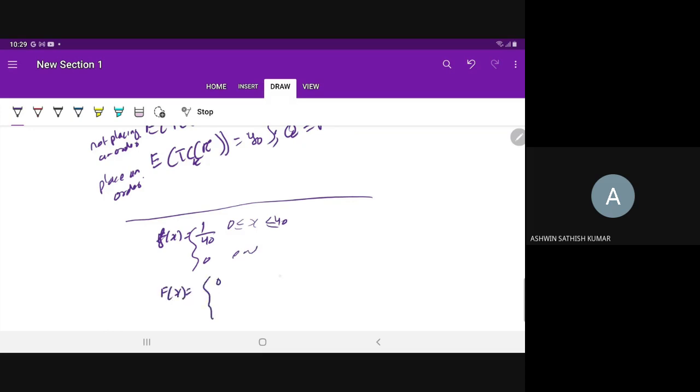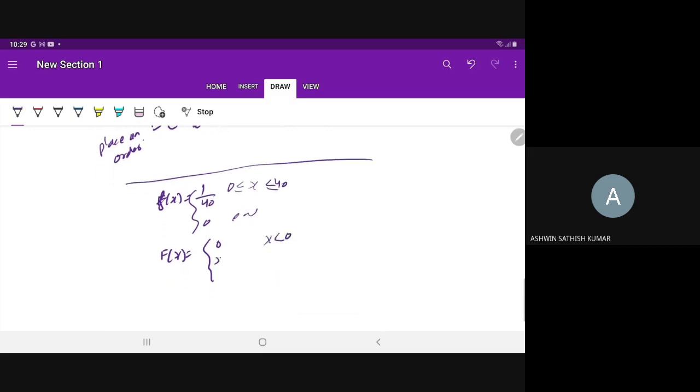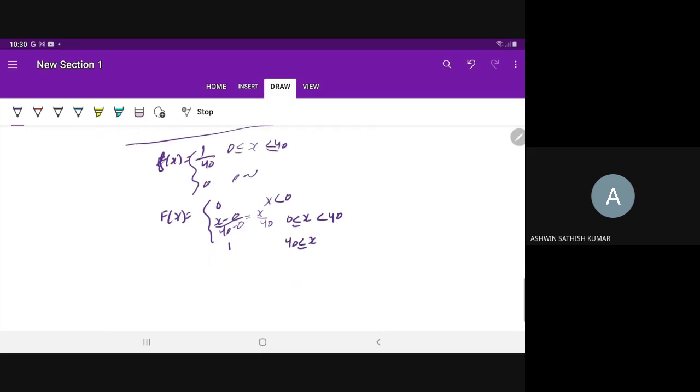CDF will be 0 when x is less than 0, and it is x minus 0 upon 40 minus 0, that is x upon 40, when x is from 0 to 40, and it is equal to 1 when x is greater than or equal to 40. So that is our capital Fx.